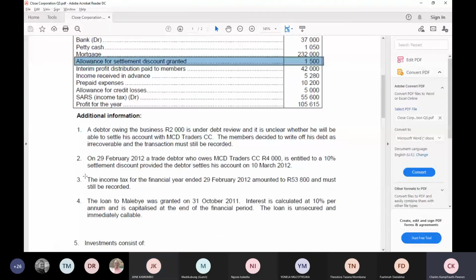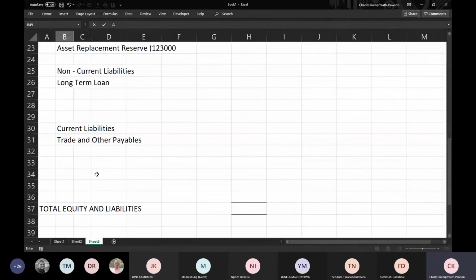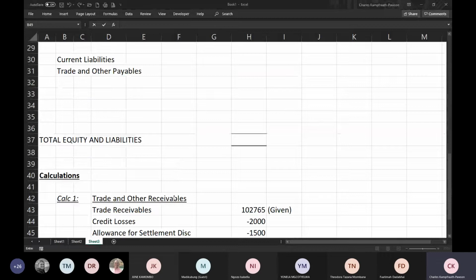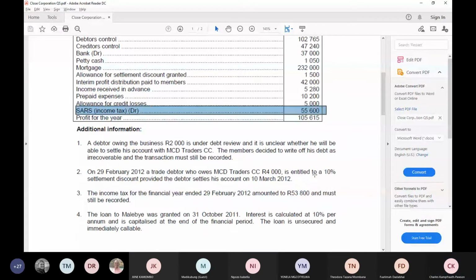Yes. The income tax for the financial year ended 29 February 2012 amounted to 53,800. So I'm not going to do a calculation for that. Let's see what's the amount, 53,800. We already paid 55,600. So that means we paid more than what we should.